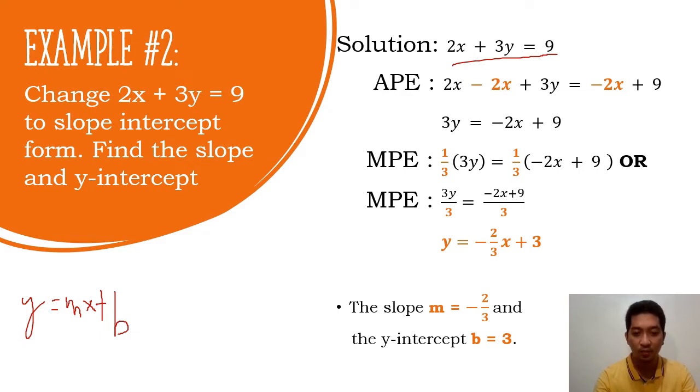So, dapat ang maiwanan po dito sa left side of the equation ay si y lamang. So, kung may kasama siyang x, tanggalin mo yon. So, that's the first step, ano po, in changing.